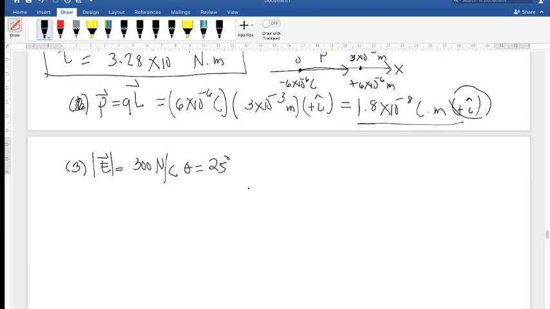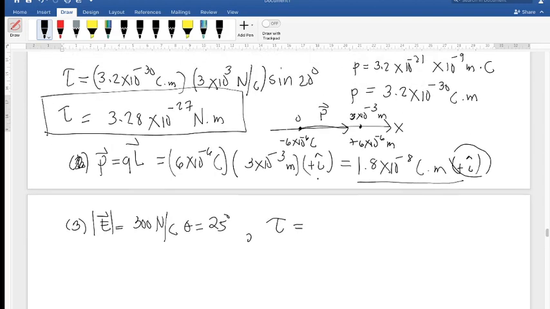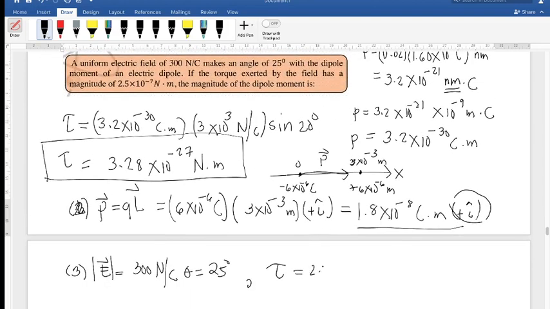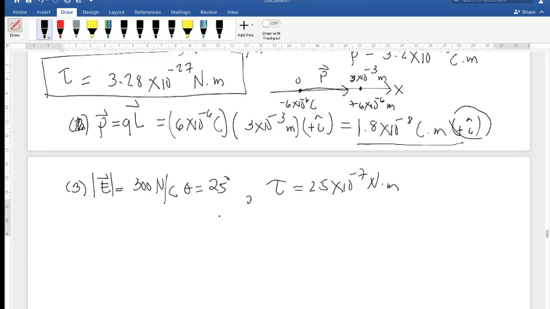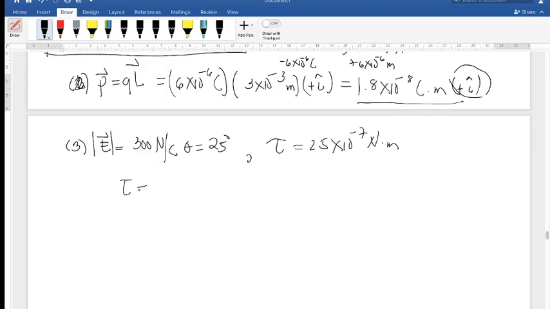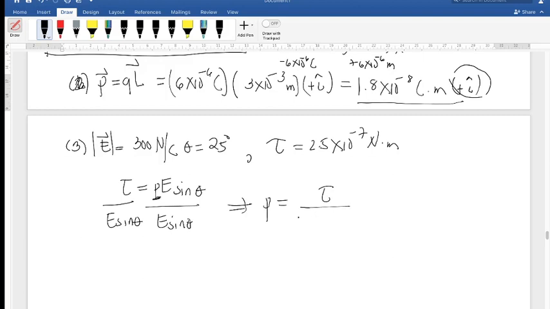So this is also straightforward. Our torque is given as 2.5 times 10 to the negative 7 Newton times meter. From our equation, torque is PE sine theta. We solve for P by dividing both sides of the equation by E sine theta, so P is equal to torque divided by E sine theta.